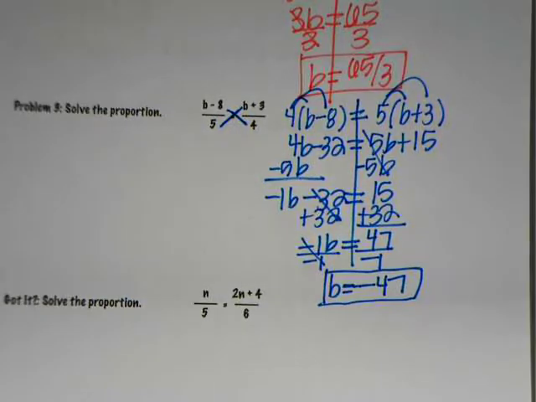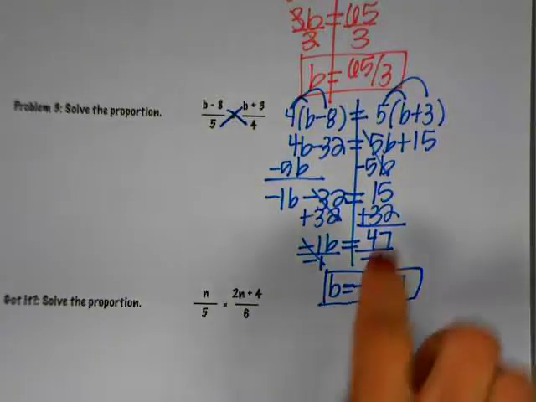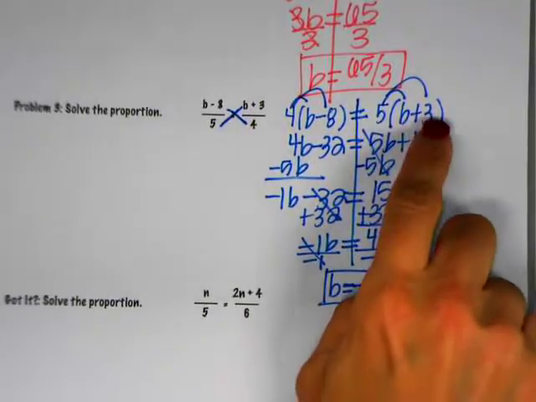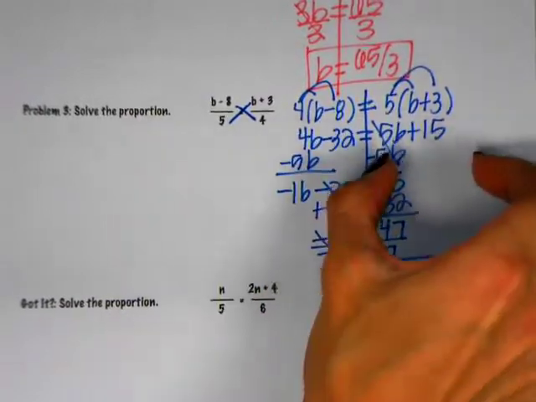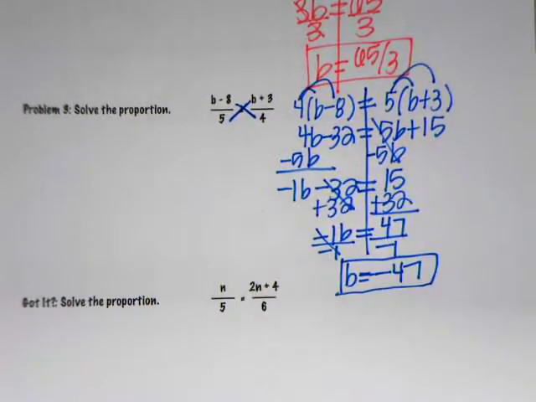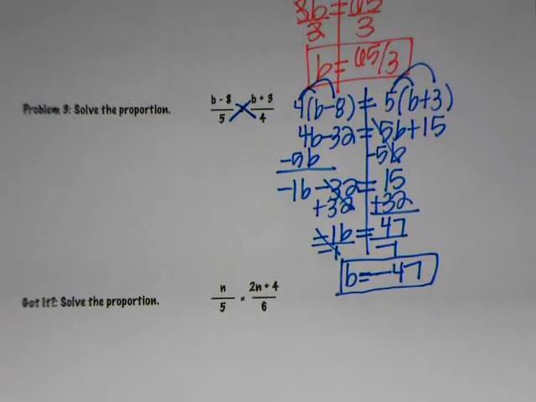If you put 5b on the left, you would have to still have the 3 paired with it also. So that whole 5b plus 15 would be on the left, and the whole 4b minus 32 would be on the right. I'm saying it's the difference between minus 5b to make negative 1b, and then minus 4b. Yeah, you'll just have one less step if you set it up that way. But you get the same answer, right?